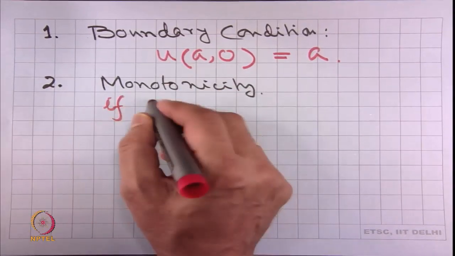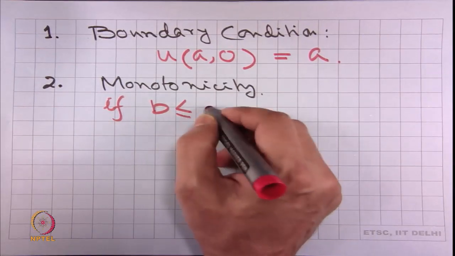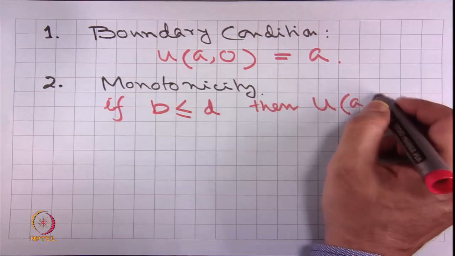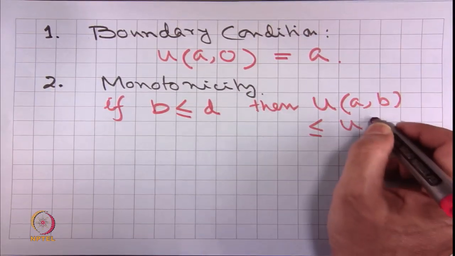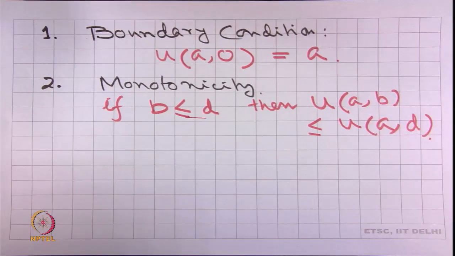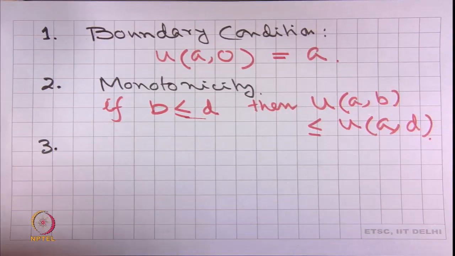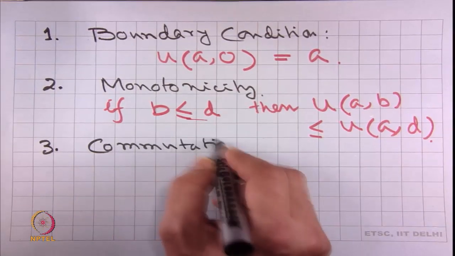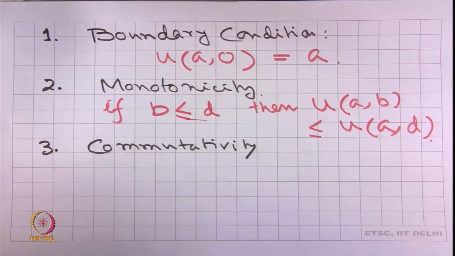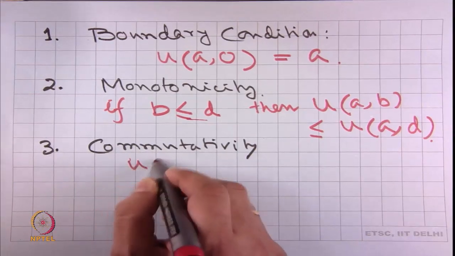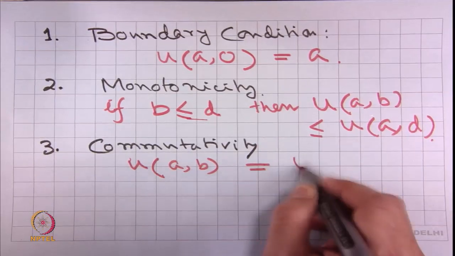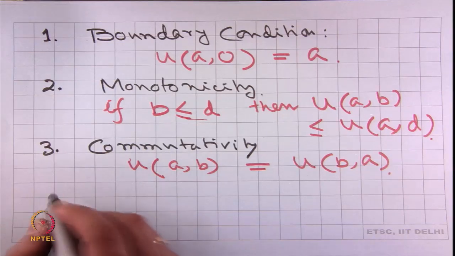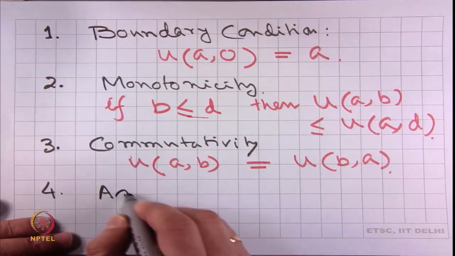If B is less than equal to D, then union of A B is less than equal to union of A D. Third, commutative or commutativity property, that means u of A B is same as u of B A. And number 4 is associativity.